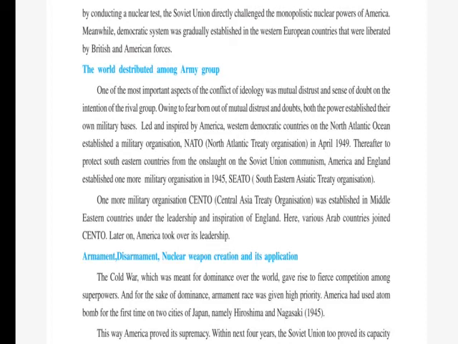In response to the formation of military alliances by the USA, the USSR and its allies formed the Warsaw Treaty Organization. These two power groups and military alliances tried to win over to their side the rest of the countries in the world.